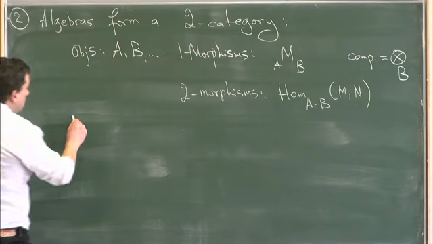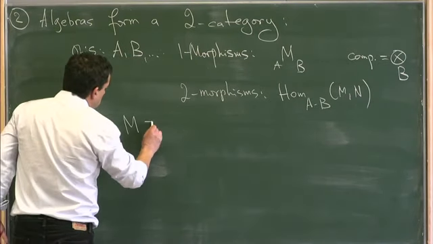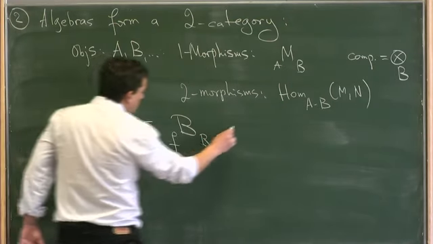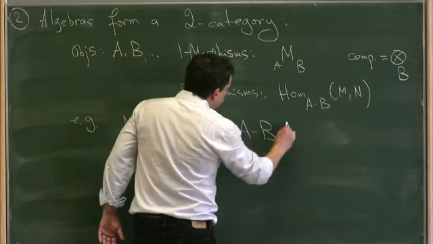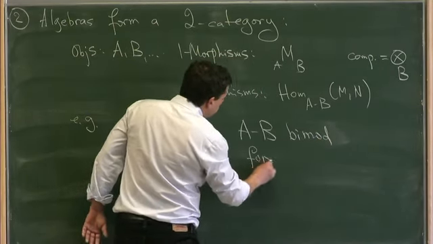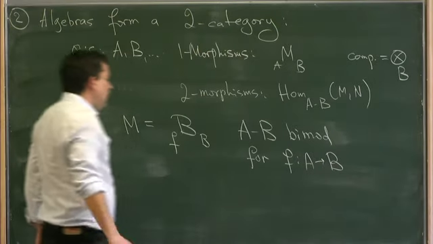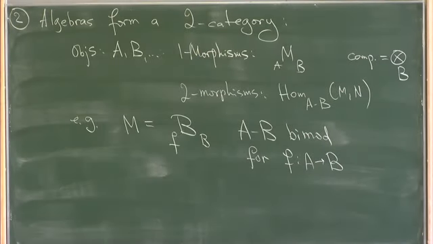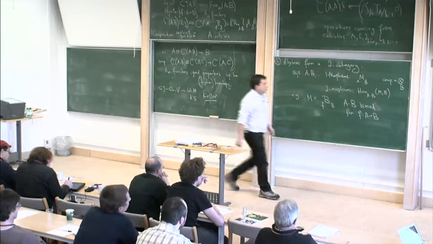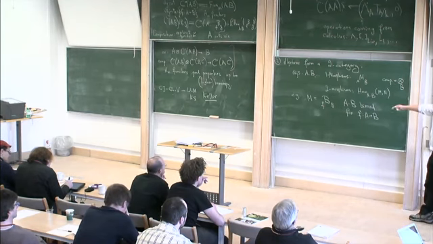In particular, an honest morphism of algebras does produce such a bimodule. Or maybe an A infinity morphism of algebras produces an A infinity bimodule.